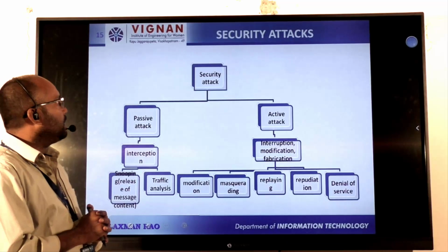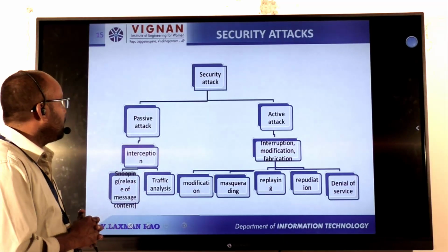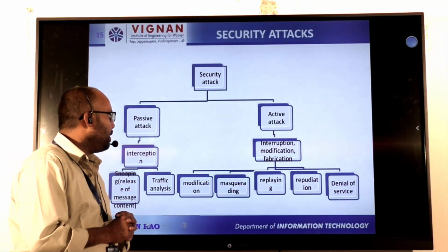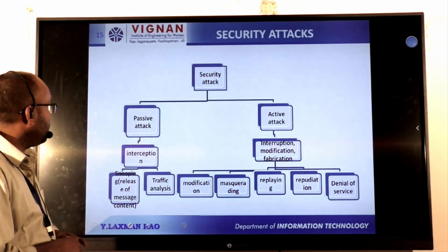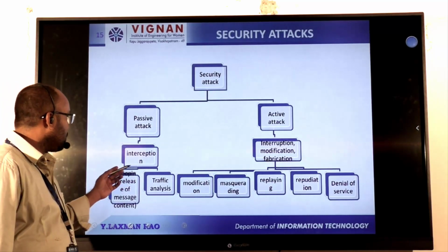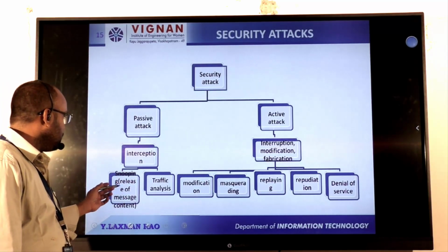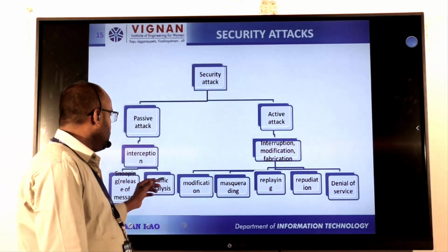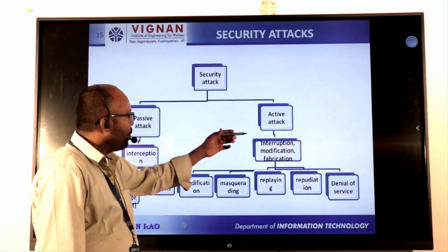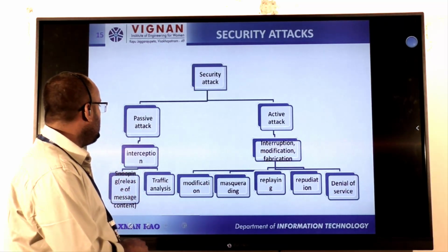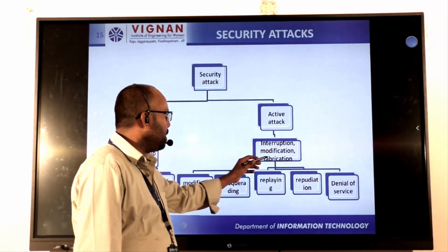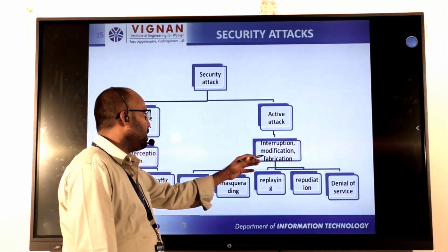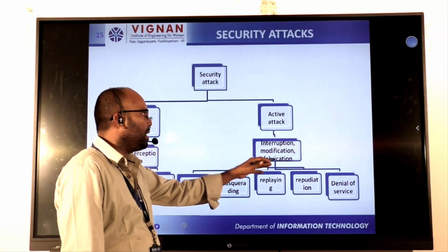Coming to security attacks, we have classified them into passive attacks and active attacks. Passive attacks are further classified into the release of message content and traffic analysis. Active attacks involve interruption, modification, and fabrication: interruption of the data, modification of the data, fabrication of the data.